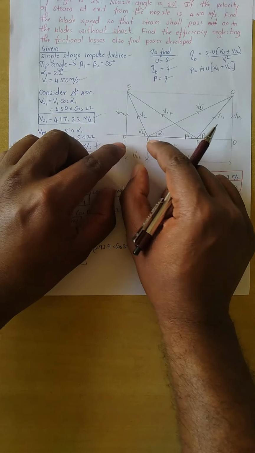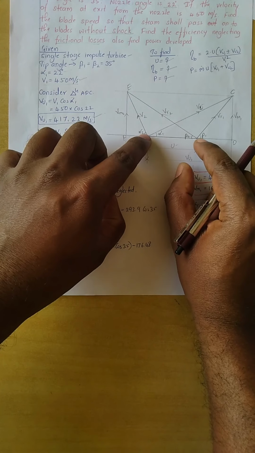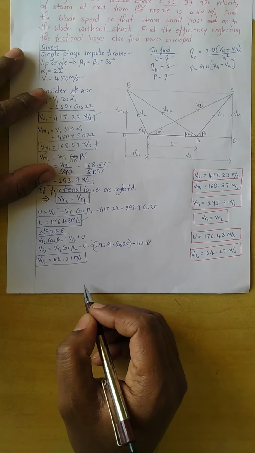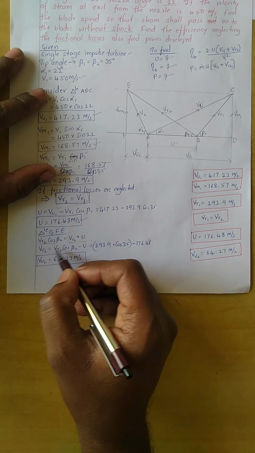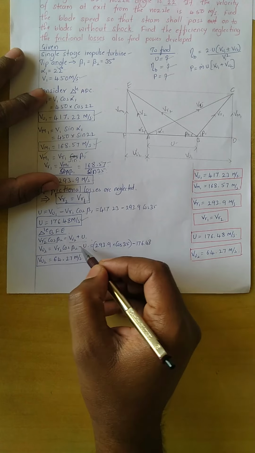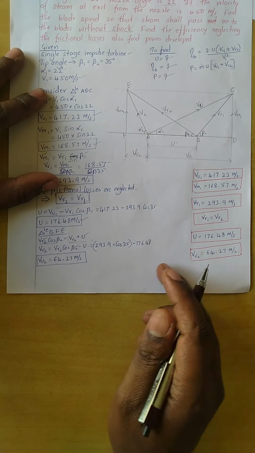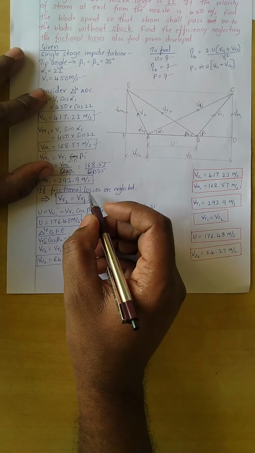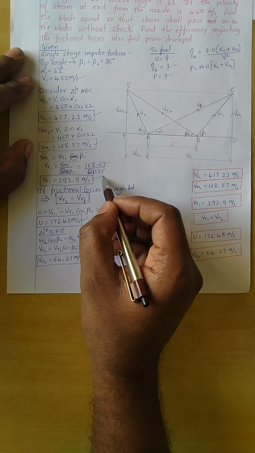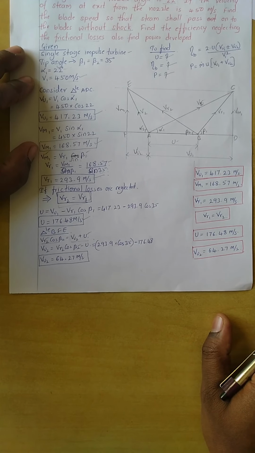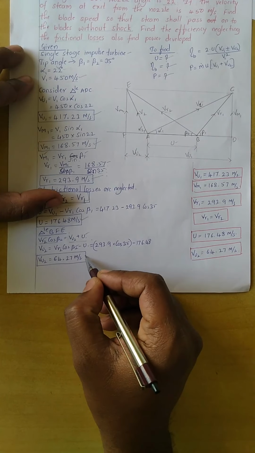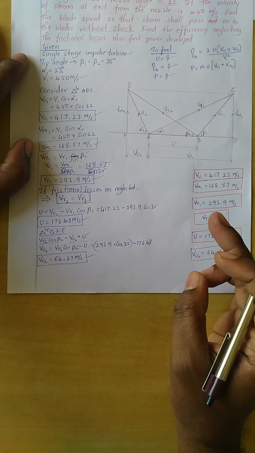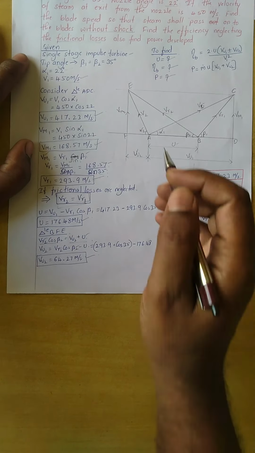FA is VU2, and AB is U. So VR2 cos beta 2 is equal to VU2 plus U. VR2 we know, beta 2 is given, U we know, because VR2 is equal to VR1, which we found as 293.9. So we will get VU2. We have found VU1, VU2, and U.